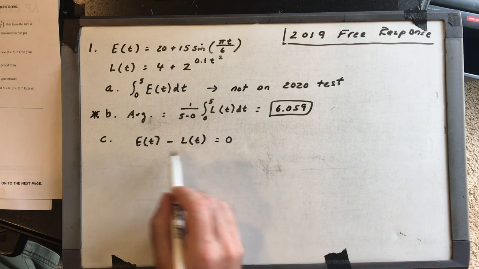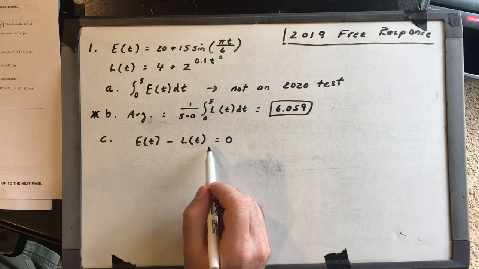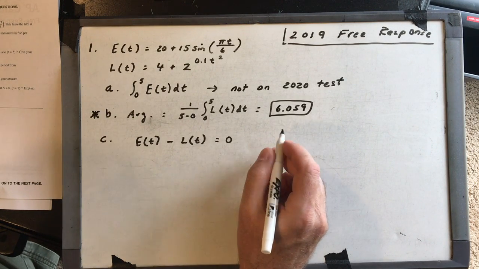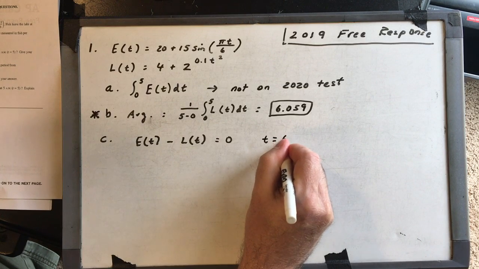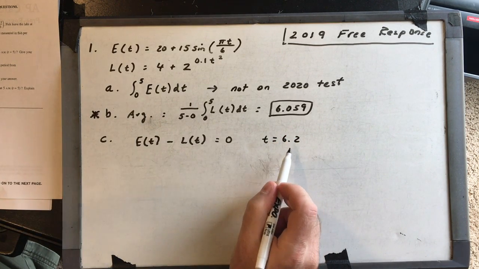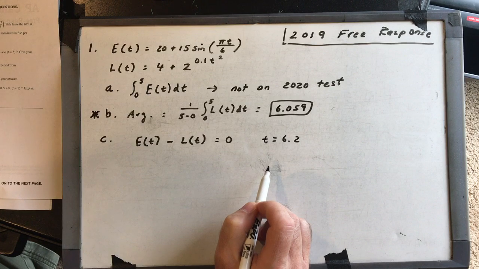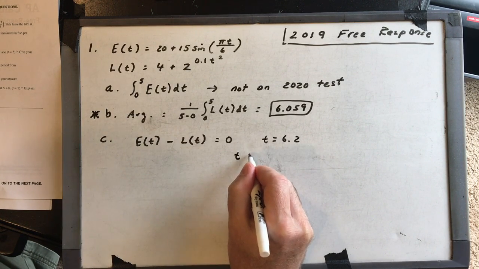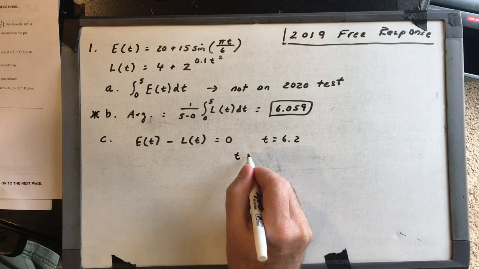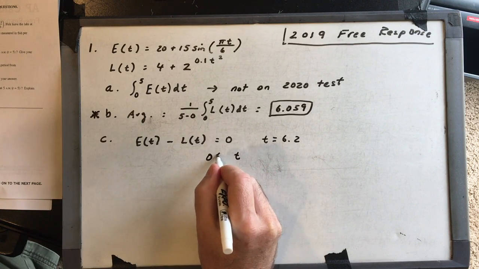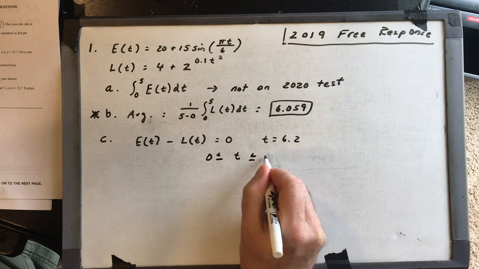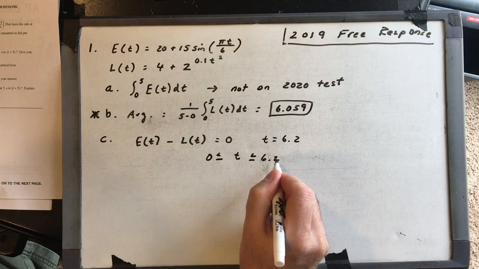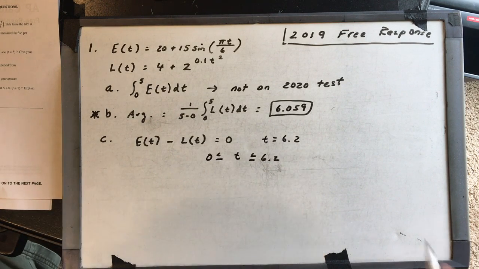So you would put this one in your TI-89 calculator and solve for t, which is 6.2. If you had to do one like that, it'd be one you could do by hand or with a very simple calculator. So as long as t is between 0 and 6.2, then it's increasing.